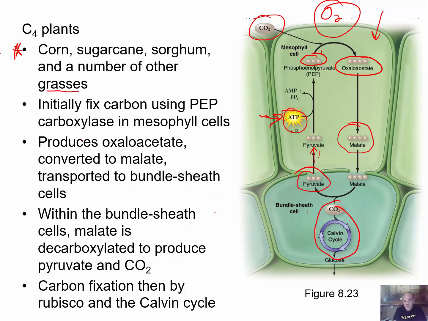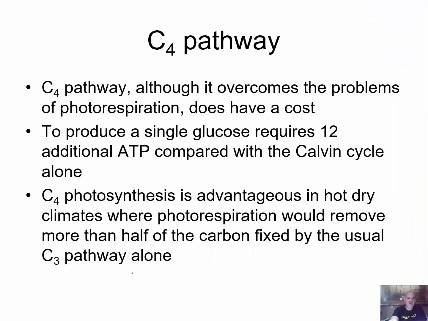So again, it's converted to malate, which just gets transported into the bundle sheath, away from where there's higher oxygen. And in the bundle sheath, the malate is decarboxylated, and that gives us CO2, which can then enter the Calvin cycle as normal. So the C4 pathway does overcome the problems of photorespiration, but not without the cost that I mentioned already.